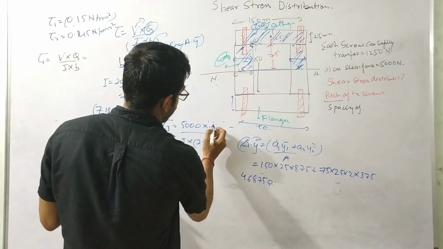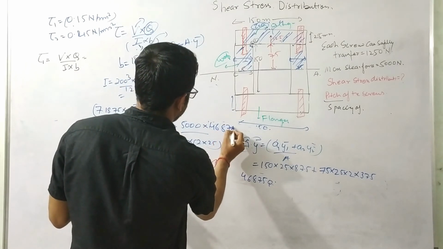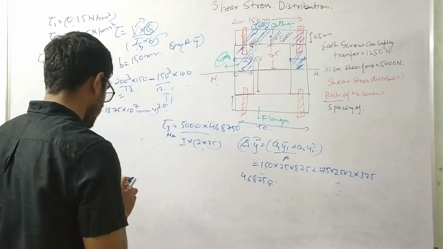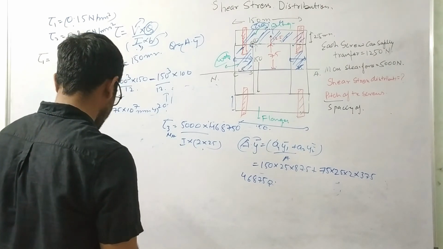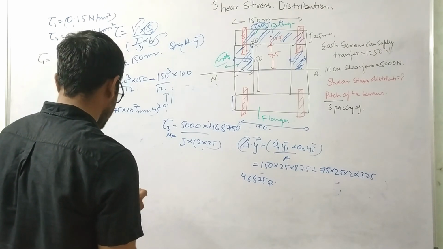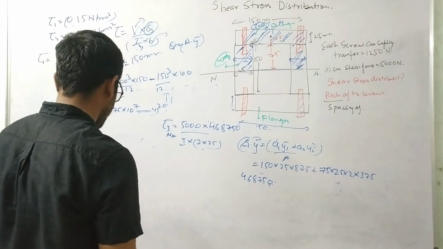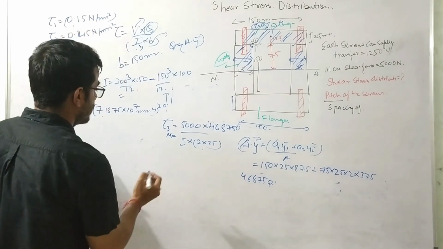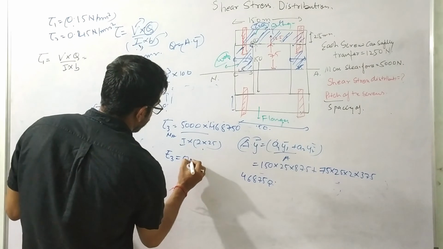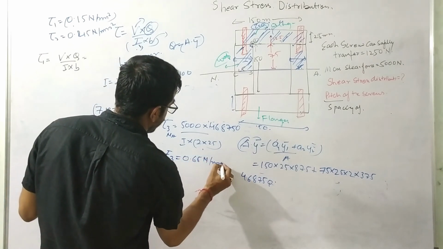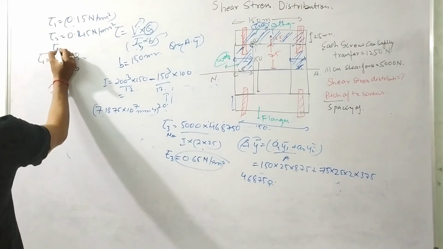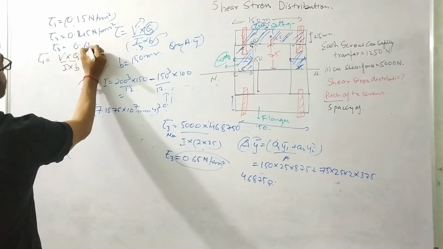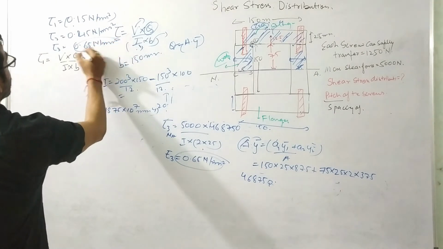So Q will be 468,750. If I multiply this by 5,000 and then divide by the moment of inertia, tau3 is 0.65 Newton per mm square.